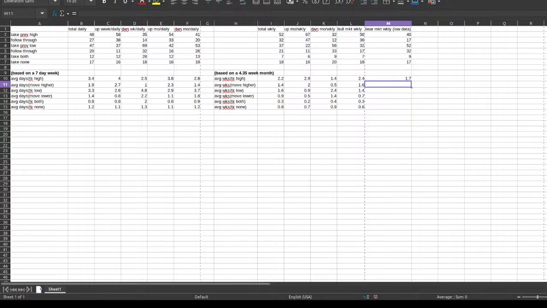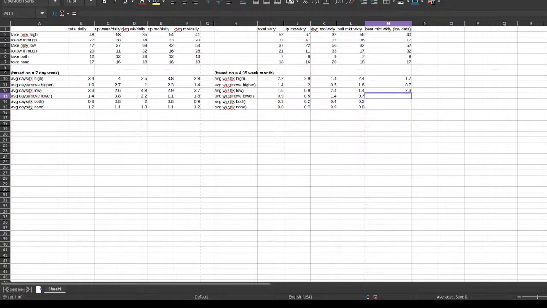So this is 0.17 times 4.35, which is going to be 0.7, right? And then after we take a low, it's going to be 0.52 times 4.35, which is 2.3, okay?